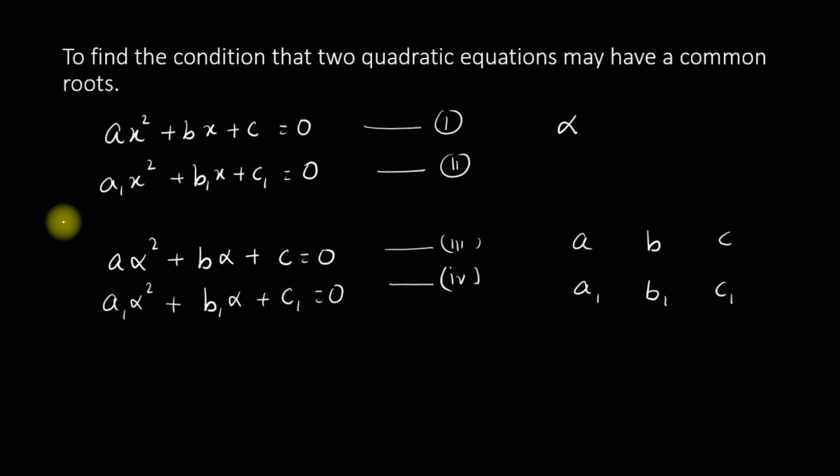If we find the value of alpha square, we write alpha square divided by, the alpha square coefficient column is cancelled out and we take the cross multiplication in the ratio: bc1 minus b1c.